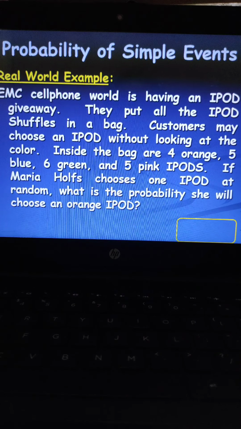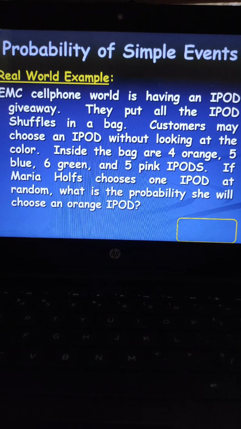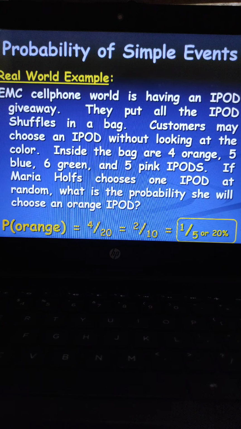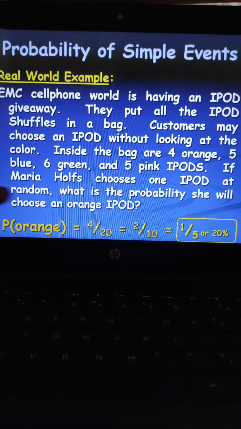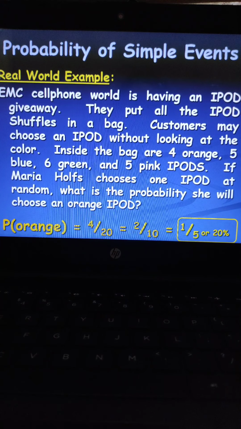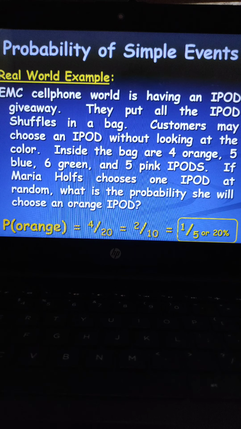Alright, the probability she will choose an orange iPod is 1/5 or 20%. So as you can see below, we have 4/20 or 4 out of 20, and then it was reduced until we came up with 1/5 or 20%.